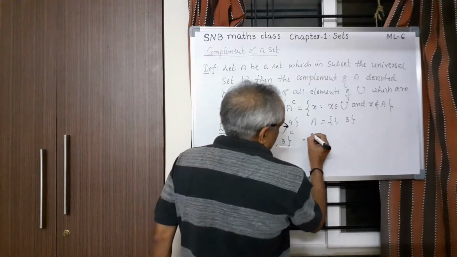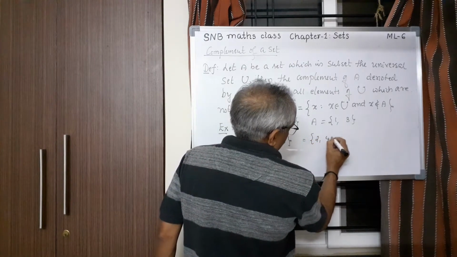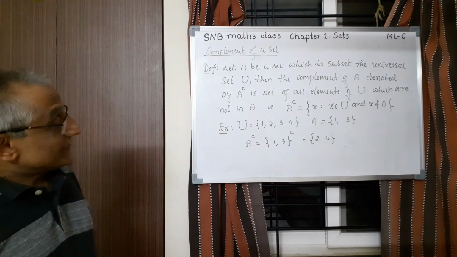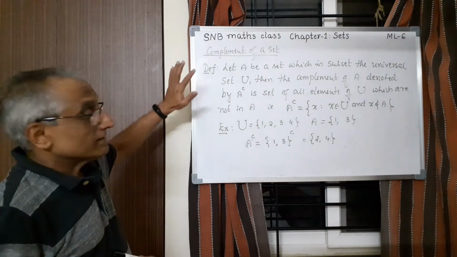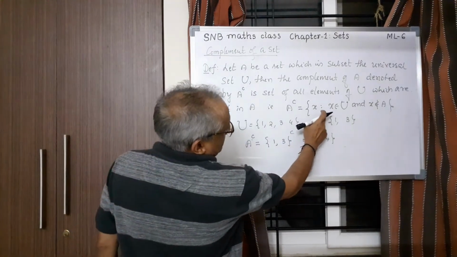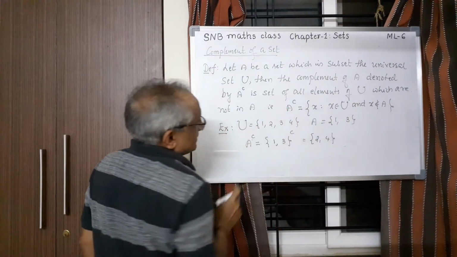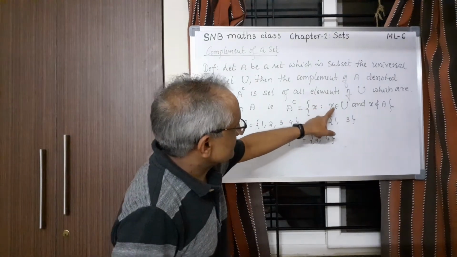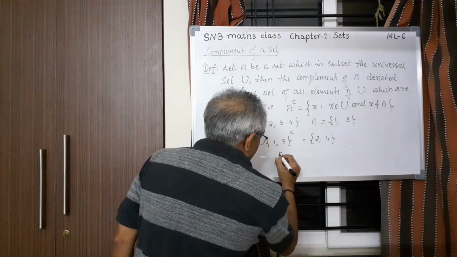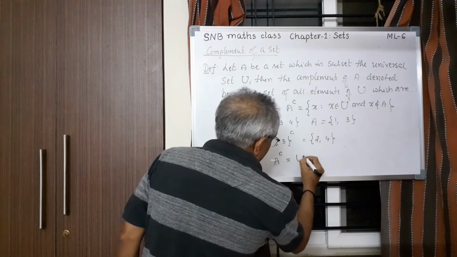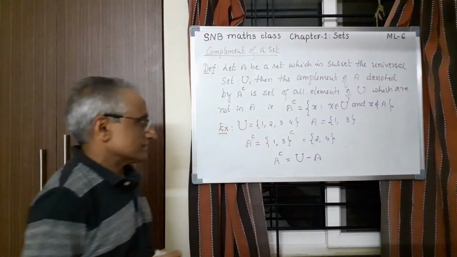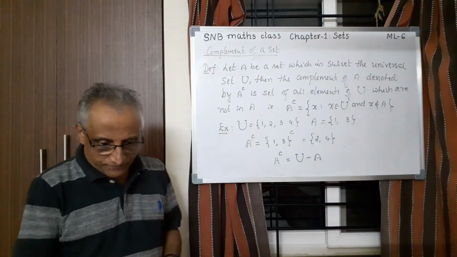So I have to write {2, 4}. So this is the complement. And there is a connection between complement and difference. See, if you look at this definition, it is exactly U minus A. Therefore, you can also remember A complement is also equal to U difference A, or U minus A.